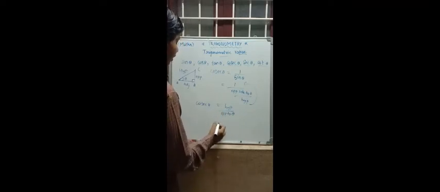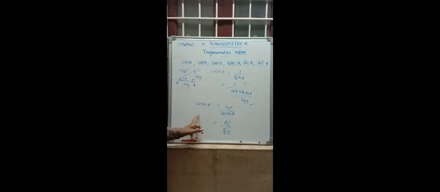Cosecant theta is equal to hypotenuse by opposite to theta. That is hypotenuse, here it is AC, AC by opposite side to theta. This is theta, opposite is BC. AC by BC is cosecant theta.